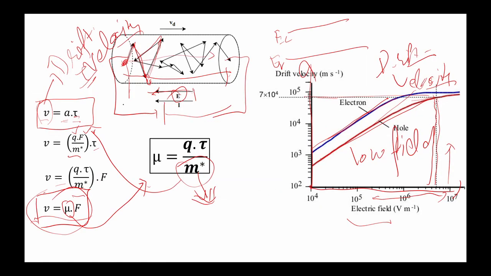At that time the velocity saturates, because the more the velocity, the more the scattering and collisions. That is why there is a velocity saturation.